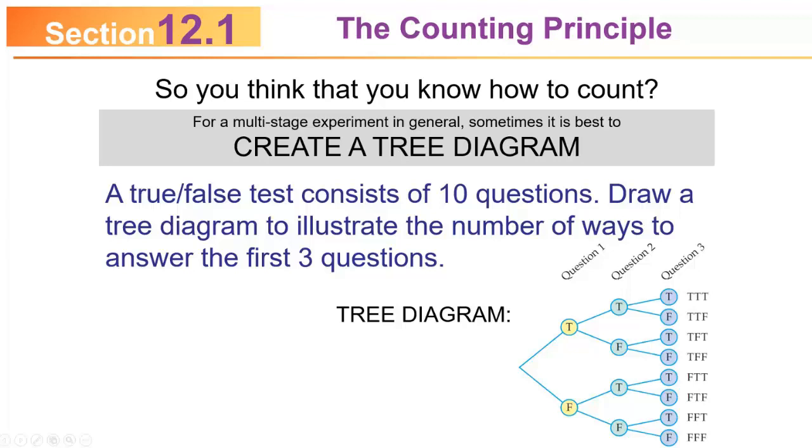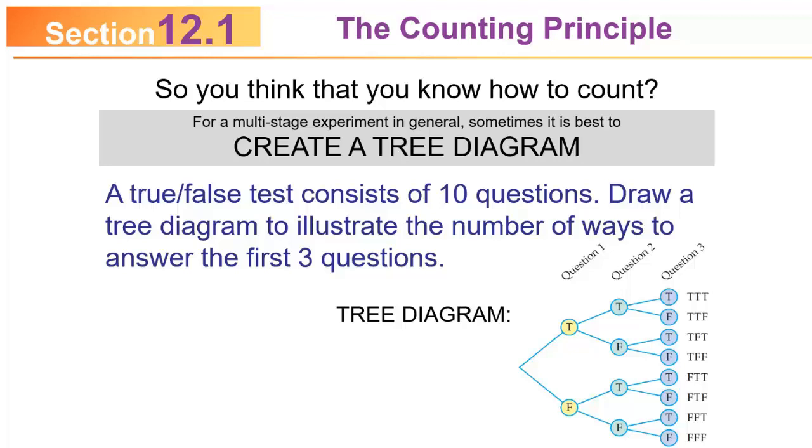You can get TTT if you go along the first top branch. And as you keep branching off, you get TTT, TTF, TFT, TFF, FTT, FTF, FFT, and FFF.